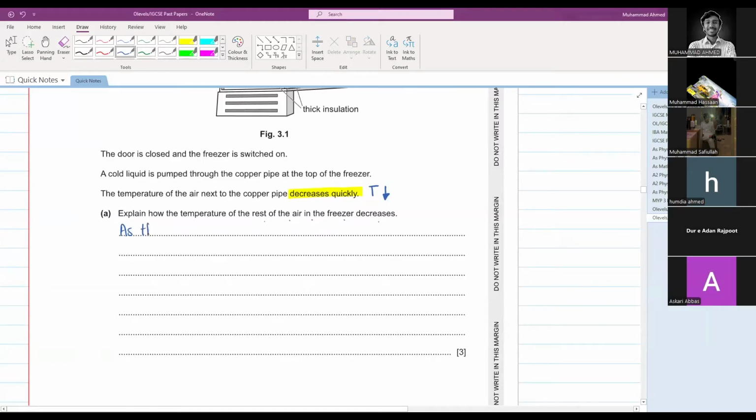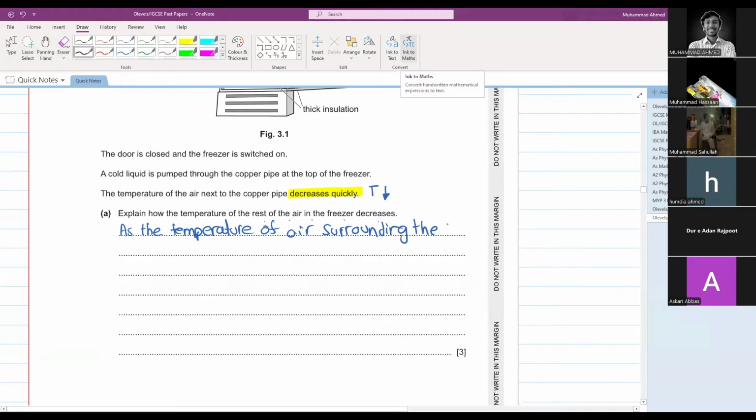As the temperature of air surrounding the freezer, or you can say surrounding the copper pipes would be a better word here.